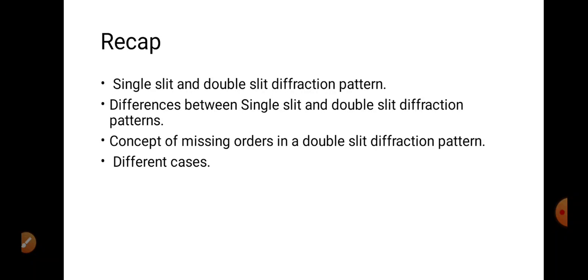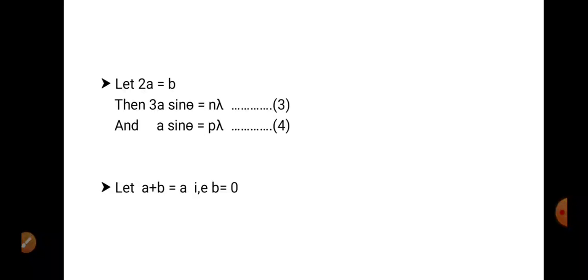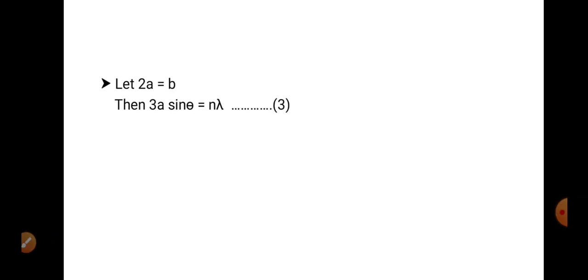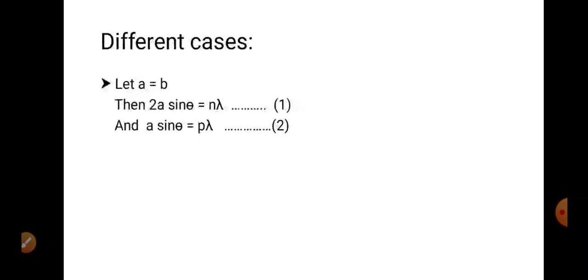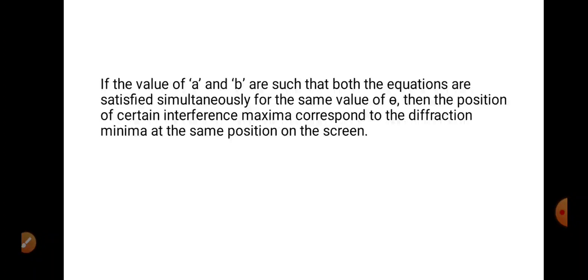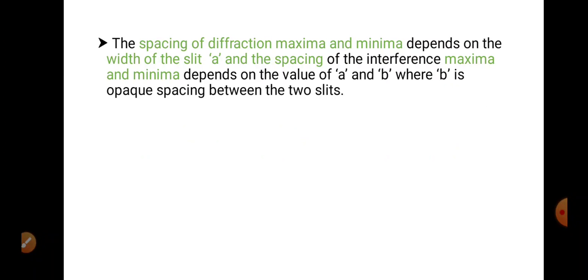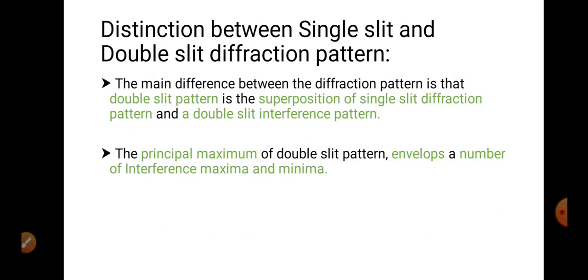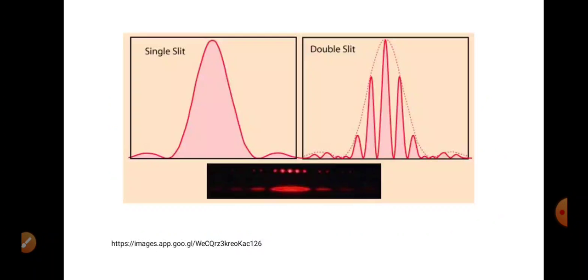There are some major things in single slit and double slit diffraction patterns: intensity and graphical representation, etc. Once again, if we go to the diagram that you can observe, this is the main graphical representation.